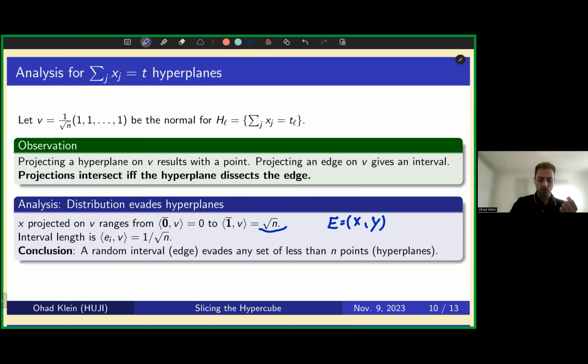However, the length of an interval, that is the length of the edge projected on v, is only 1 over square root of n. Now, if we want our points or hyperplanes to capture this edge or interval, we need at least n points.